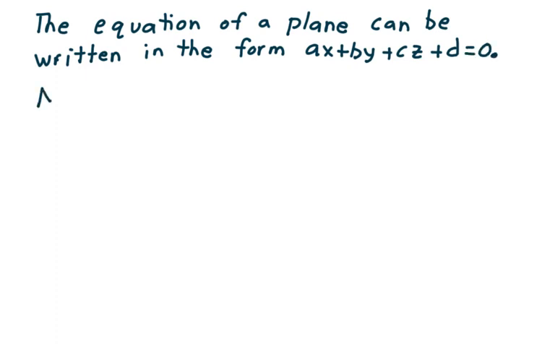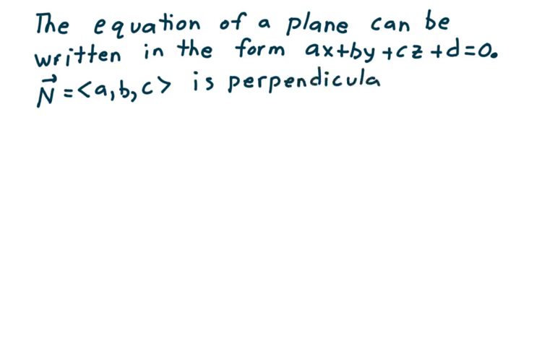Now, remember, just like with a line, it turns out that the vector ABC, which I'm going to call n, is perpendicular to the plane.